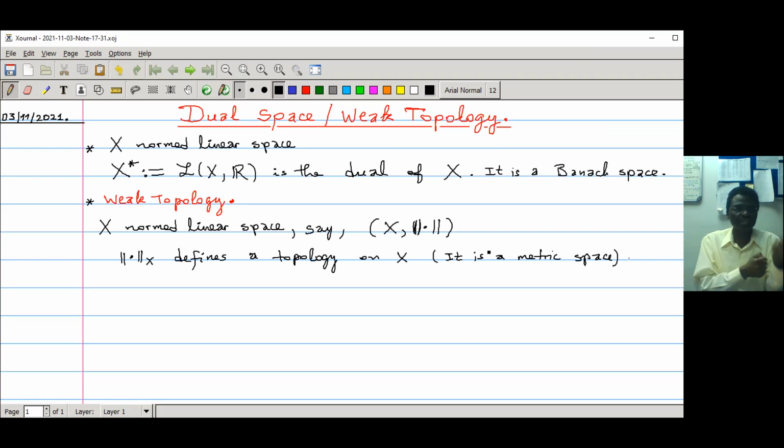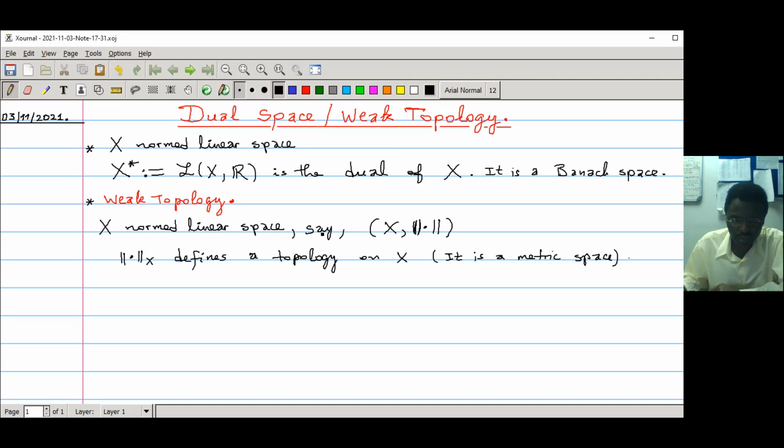And now this is what we call the strong topology, the one that is defined from the norm, or the metric that the norm defines, because from a norm I can define a metric, right? The metric space has an underlying topology. That is our strong topology. Of course, when you say strong topology, it is in contrast to weak topology, because in the context of weak topology, there's a different approach.